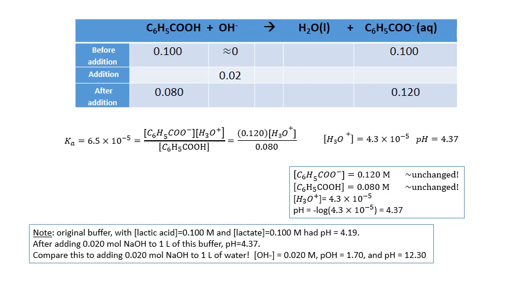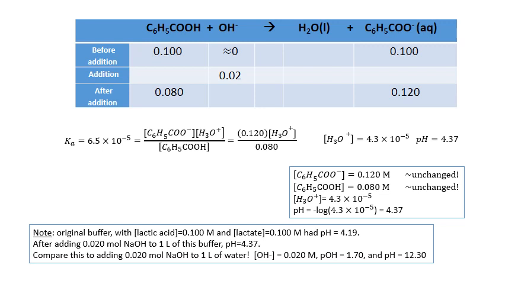It looks like it's a significant change, but think about it. If you put 0.020 moles of NaOH in just a liter of water, OH minus would be 0.02 molar. pOH would be 1.7, and the pH would be 12.3, okay?